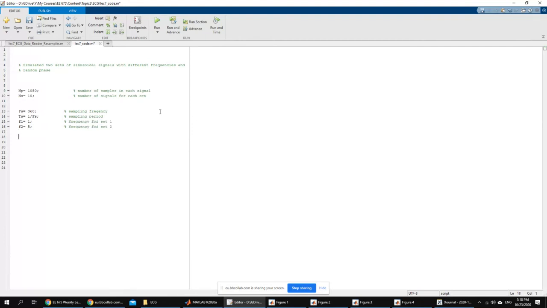As we did before, make n from 0 to NP minus 1. This is the discrete time variable.